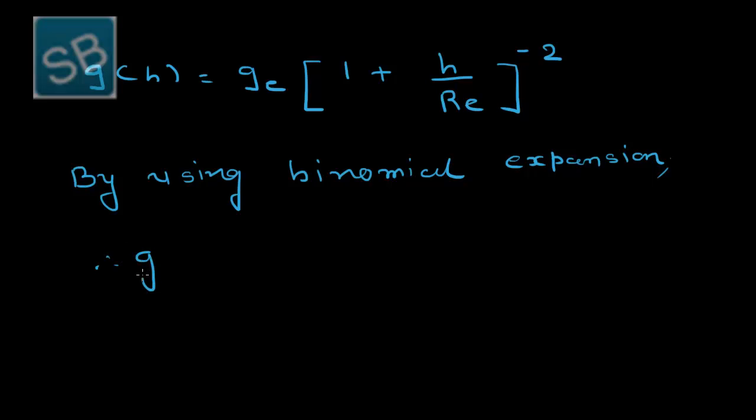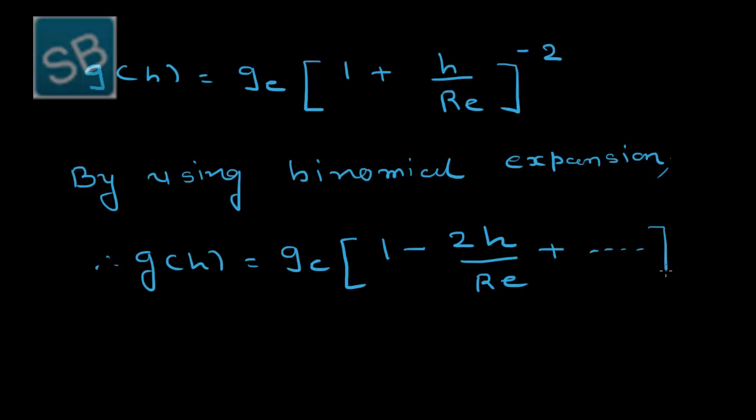Therefore, g_h is equal to g_E into 1 minus twice h over R_E plus higher order terms.